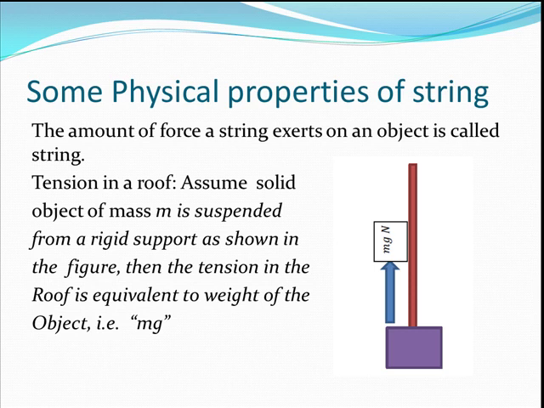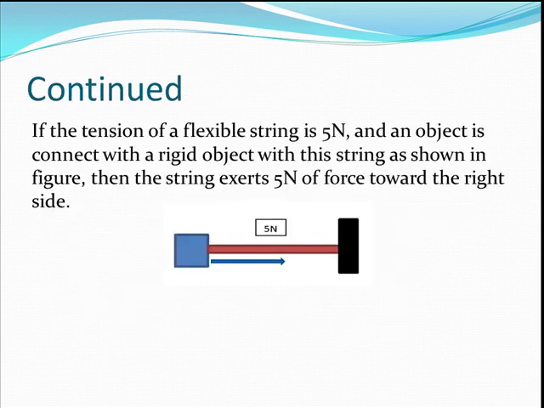For example, if we suspend a mass m from a solid support with the help of a rope, then it is clear that the downward force on the mass is equivalent to its weight, and the upward force on the mass is the same. That's why the object is at equilibrium position. So it means that the string in this setting exerts a force of mg Newton in the upward direction.